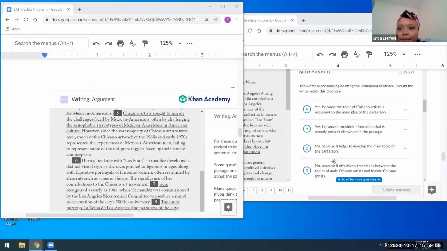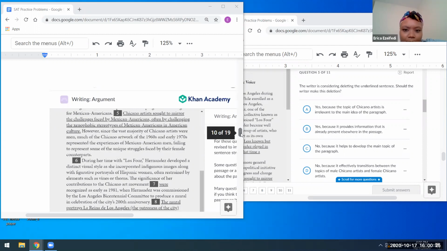So we just proved that D is wrong because we just read the part that came before what number 5, the fifth problem, was referring to, that line. And we also can validate that C is correct because it helps to introduce what the rest of the paragraph is about.